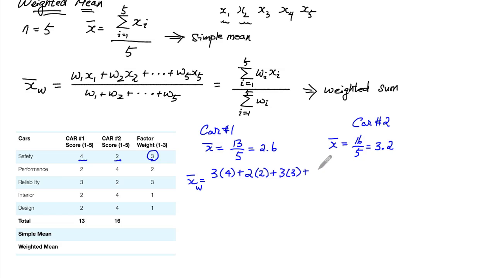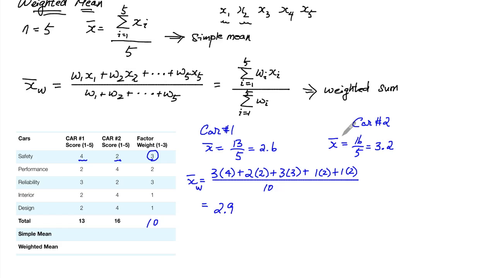And continue on, 1 times 2 plus 1 times 2, all divided by the sum of all the weights, which is 3 plus 2 plus 3 plus 1 plus 1, which add up to 10. So we'll be dividing all of this by 10. If we calculate this weighted mean, we get an average of 2.9.